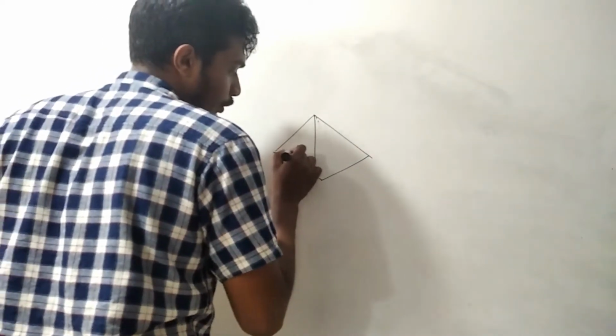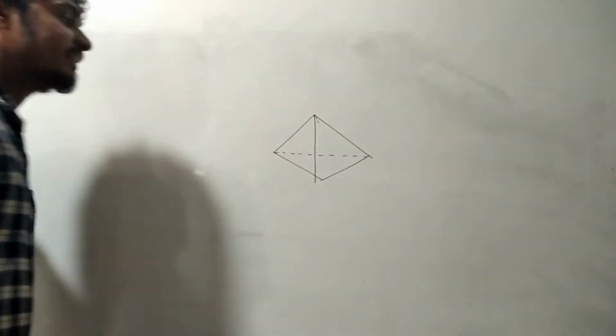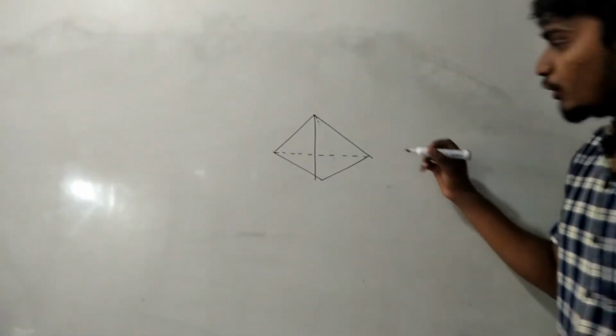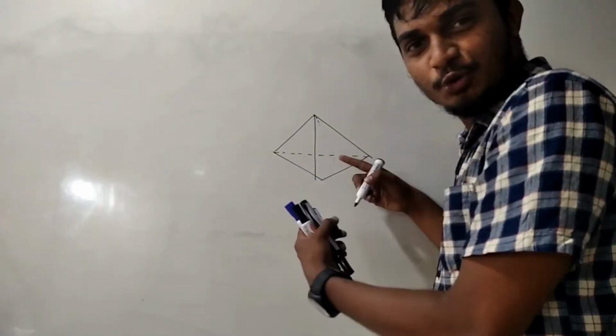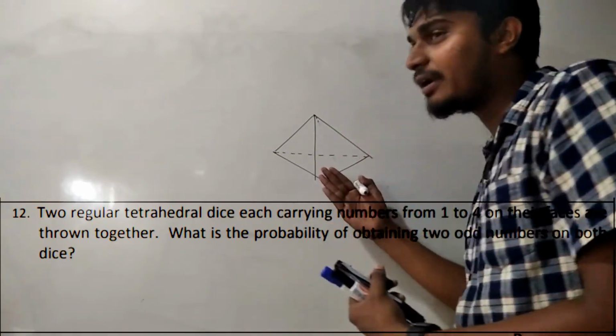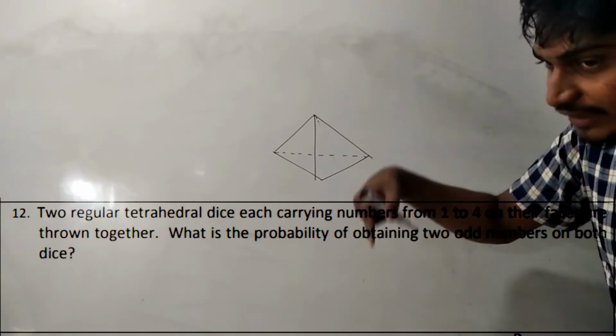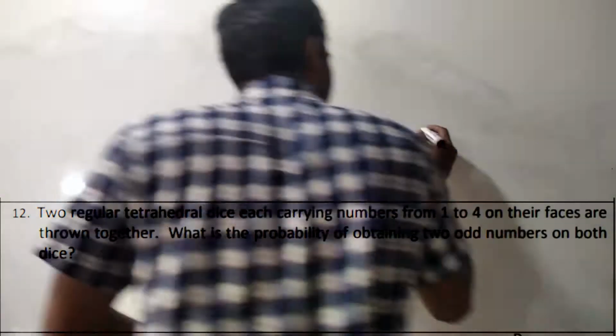You just have 4 sides. I hope you can visualize the faces properly. Fine. So you have a couple of tetrahedra.